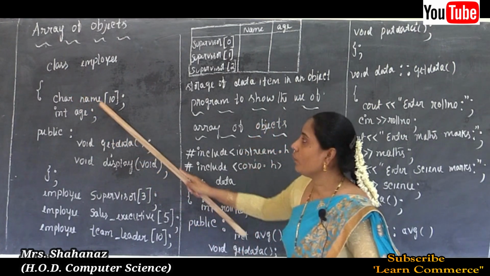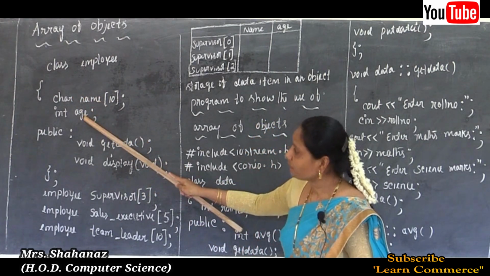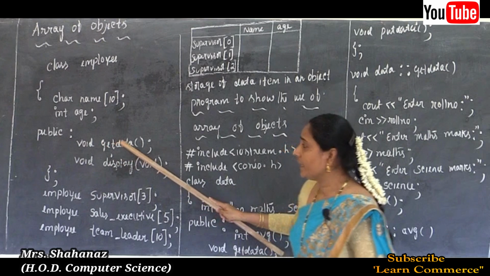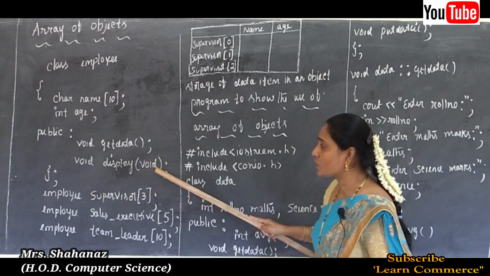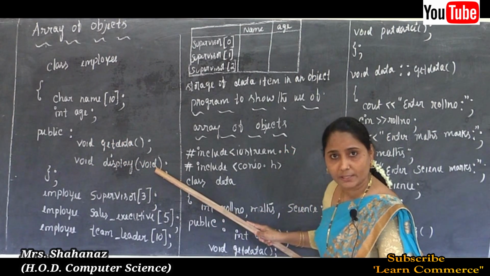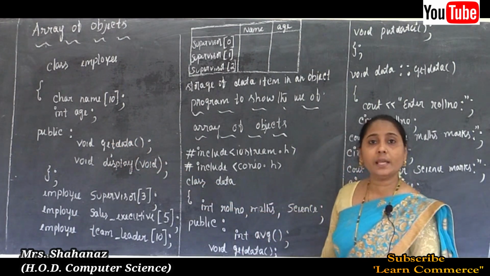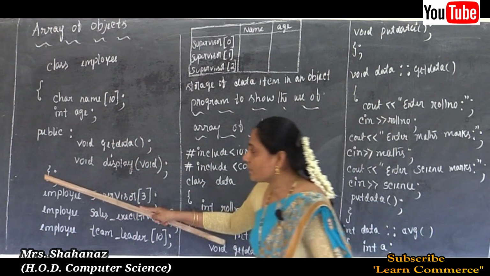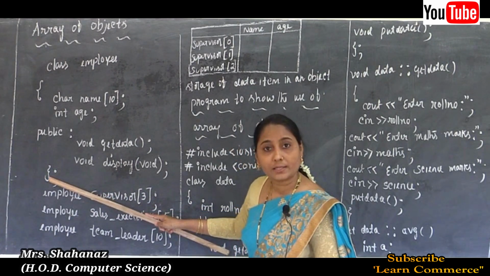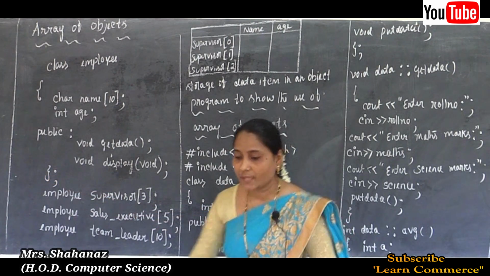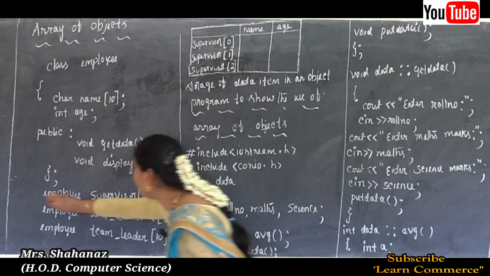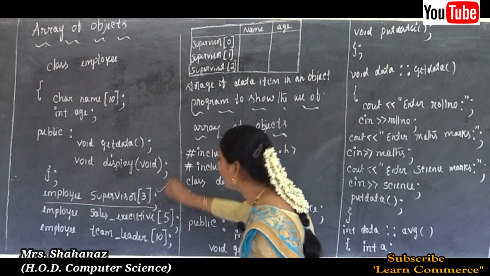So the member data, one is name, second is age, and getdata and display are void. Why? Because there are no arguments in our display member function. So getdata and display are called member functions, and this is the end of the class definition.